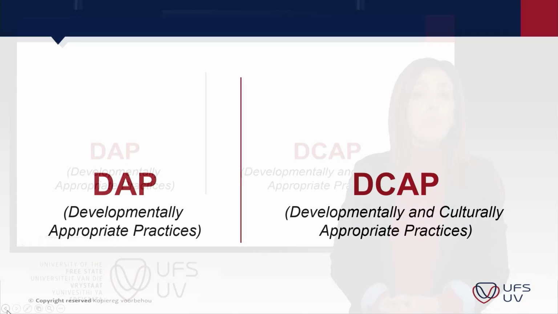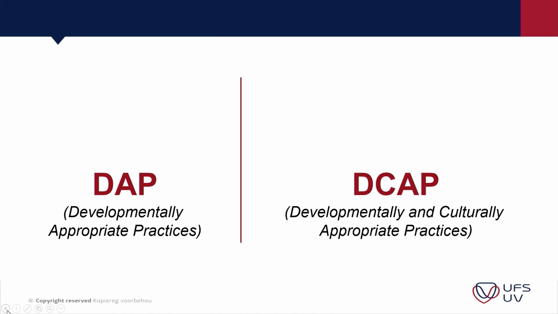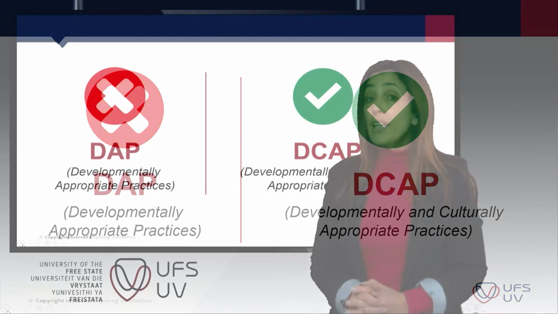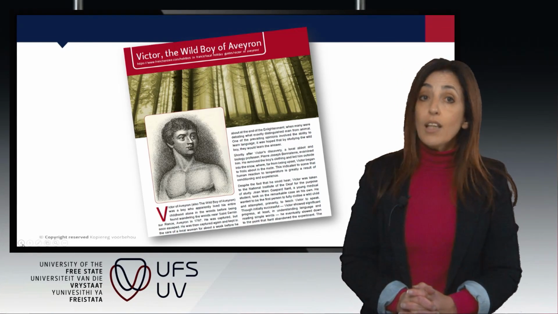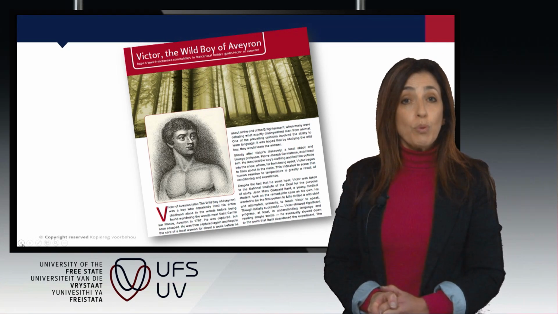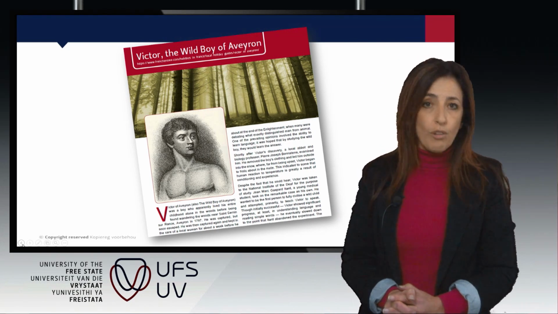This means that it is important for us to acknowledge the diversity of children and their contexts. Therefore, it is better to talk about developmentally and culturally appropriate practices. Now, read the interesting story about Victor, the wild boy from Aveyron, to see how important relationships with other people are in the development of a child.